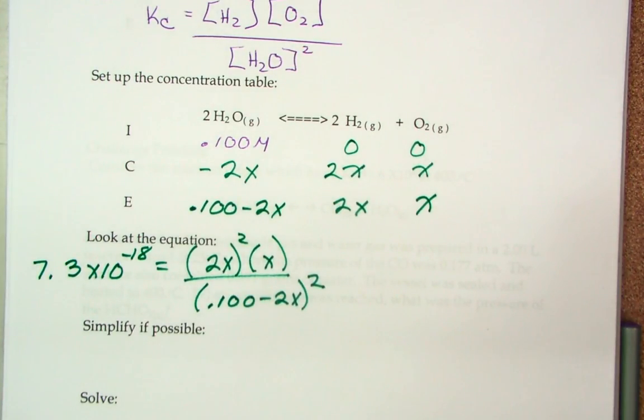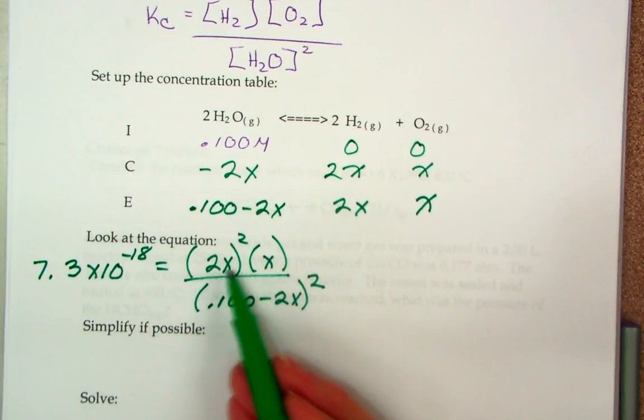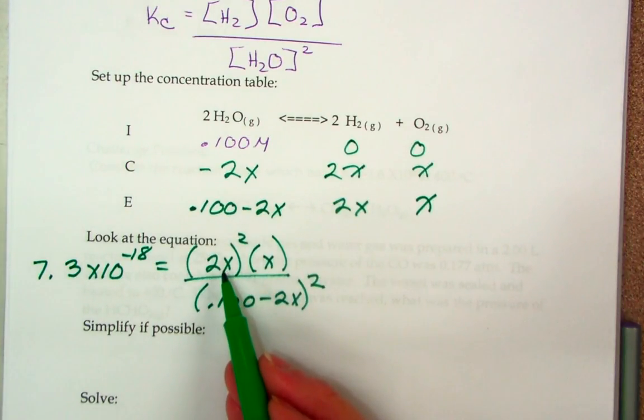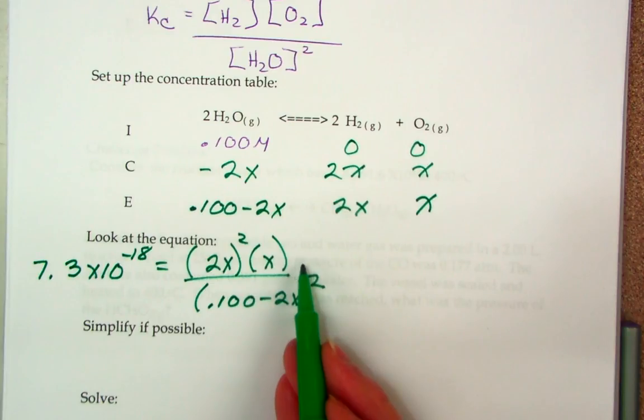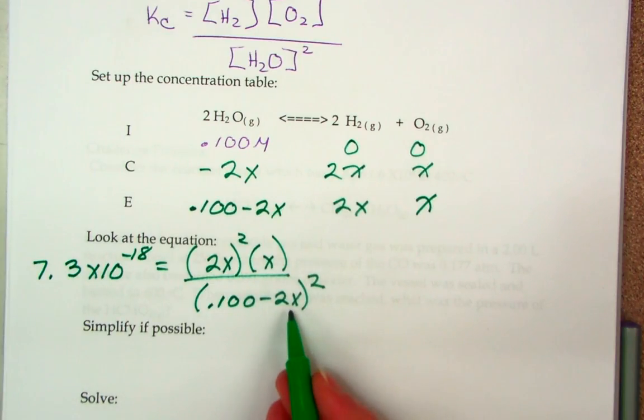It's not a quadratic. What is it? What kind of mess are you going to end up with here? What do you get right on the top? Cubed. You get an x cubed term, then you're going to get x squared and x.